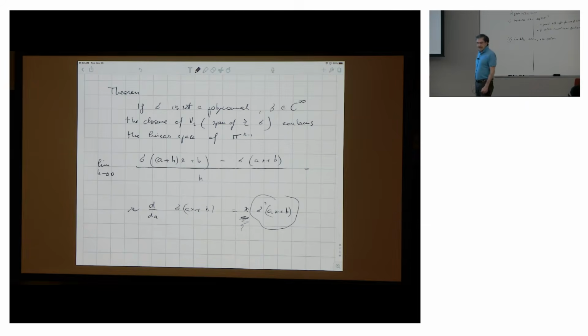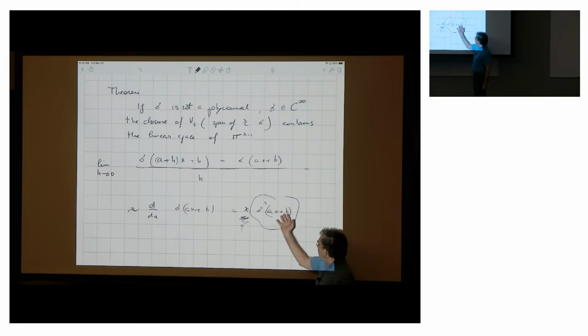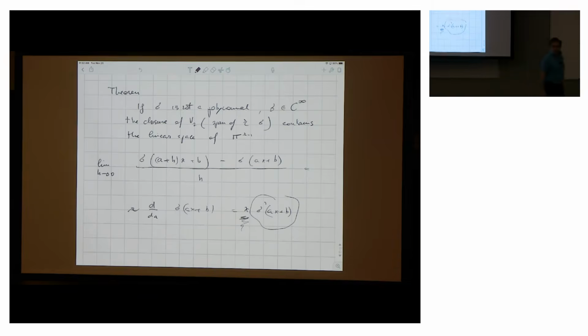And then the only condition on the sigma is that the first derivative at b is not 0. There is another way to think about it, which is equivalent.